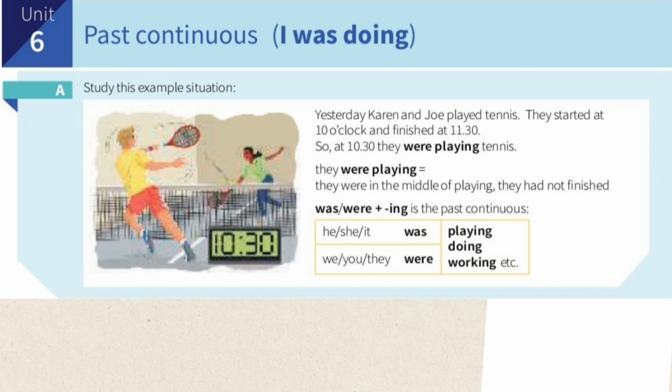And the second, we use past continuous to show two actions that were happening at the same time in the past. Usually, this type of sentence uses the word while. For example, I was cooking while my mother was watching TV. Both activities were happening at the same time.